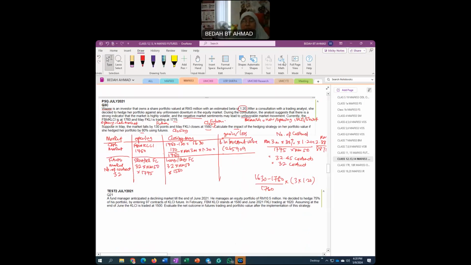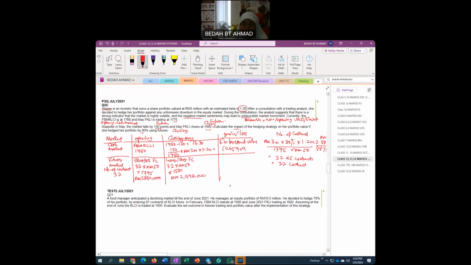So here I just take the difference directly because it is given in the question as 130 points, the difference of the market drop in points. Now for the futures market, it is RM 1775 so 2.84 million, and here RM 2.496 million.